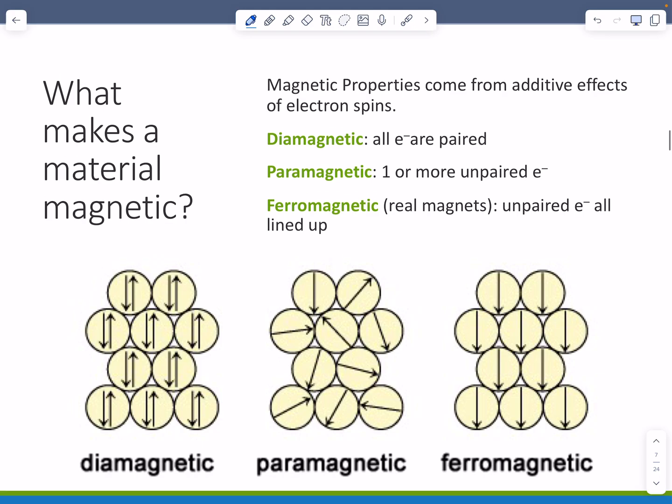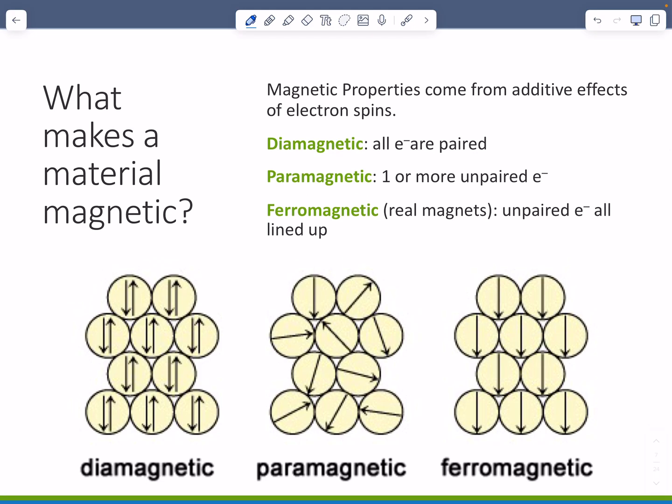All right. So, since we're on magnets, what makes something a magnet or not a magnet? The magnetic properties of materials come from the additive effect of electron spins on a microscopic level.